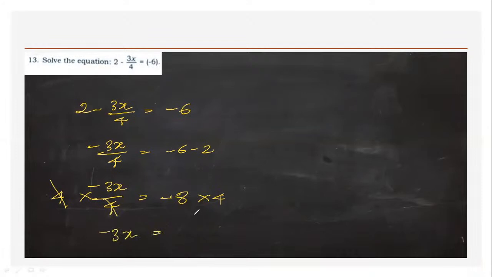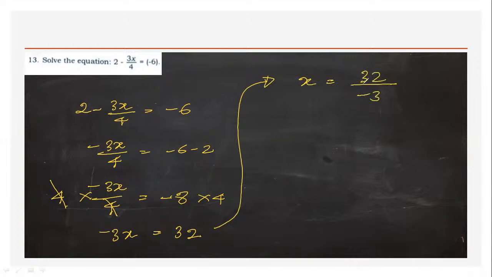Minus 3x equals minus 8 times 4, 32. Then x equals 32 divided by minus 3. X equals minus 32 over 3, that is minus 10 and 2 over 3.